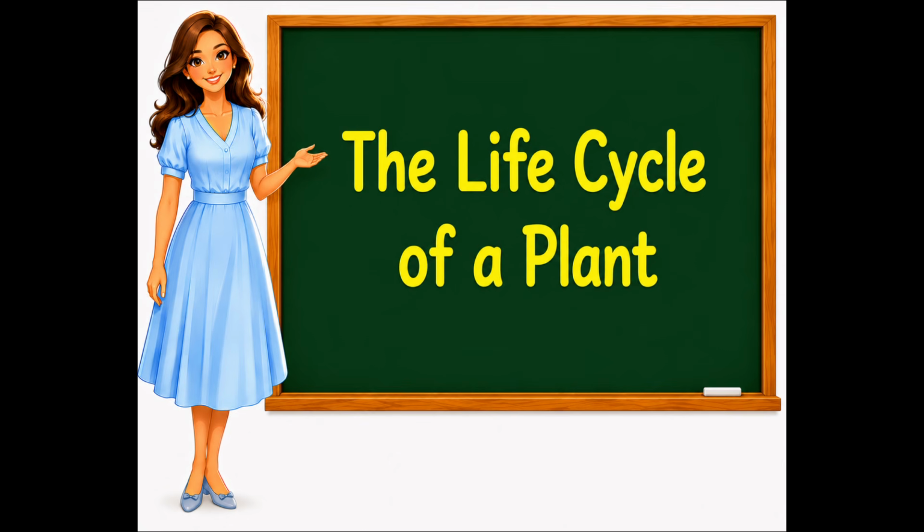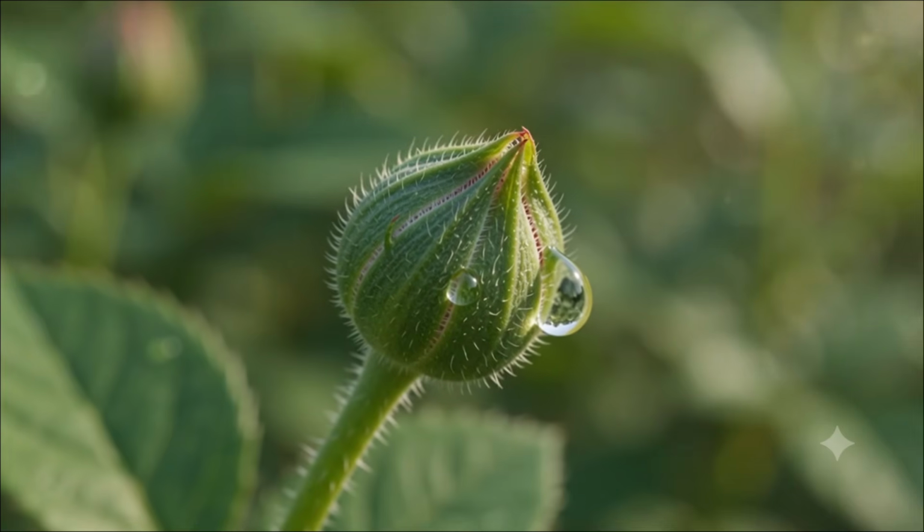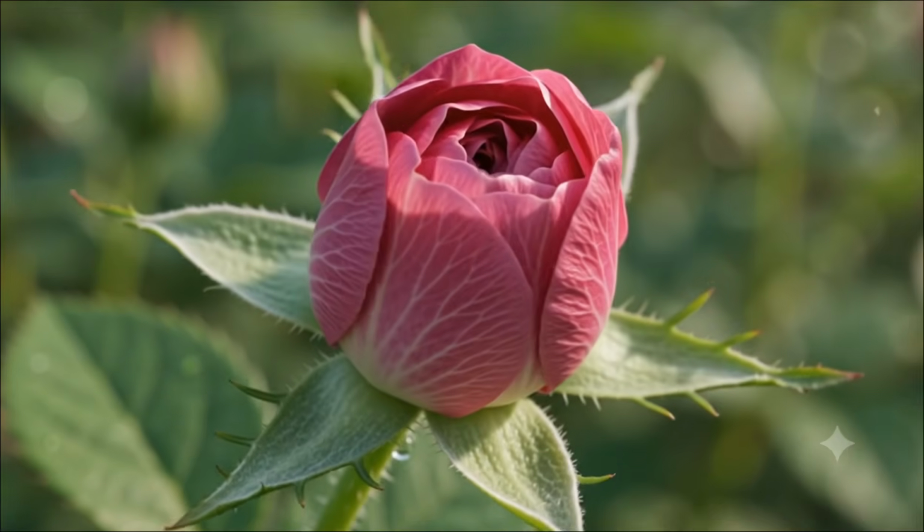Let's understand the life cycle of a plant. Now, it is a continuous cycle of how a plant reproduces and grows. Let us see. A tiny bud opens up to become a beautiful flower.